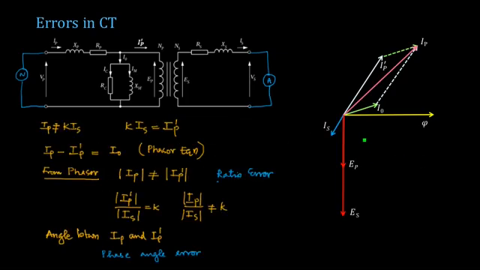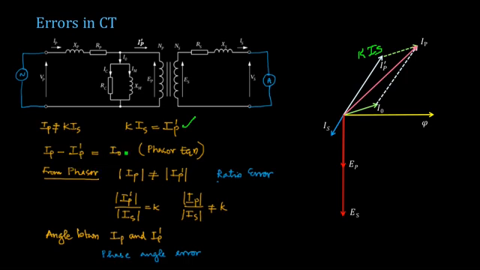That is because here you can see IS. When you multiply it with K, you will get IP dash. This is K IS. So your K IS is IP dash and it is not IP. And you know that IP minus IP dash is I0, or IP is equal to IP dash plus I0.